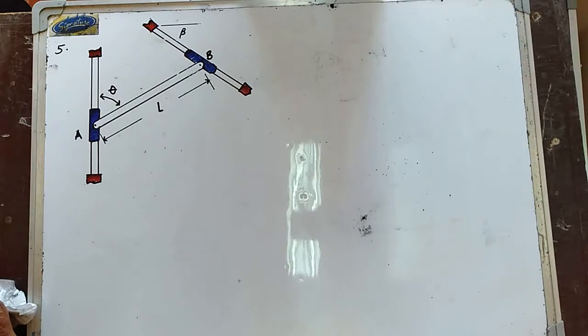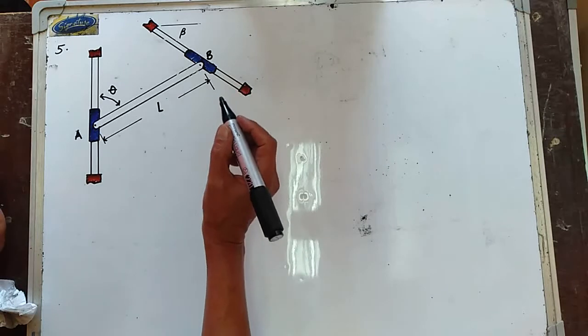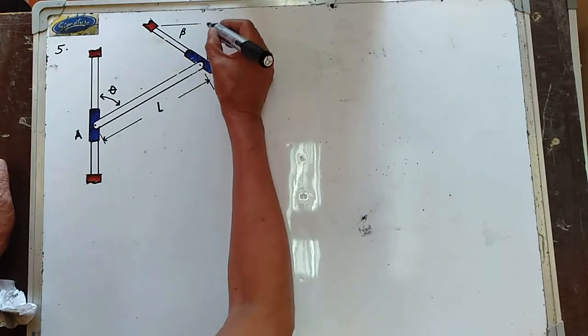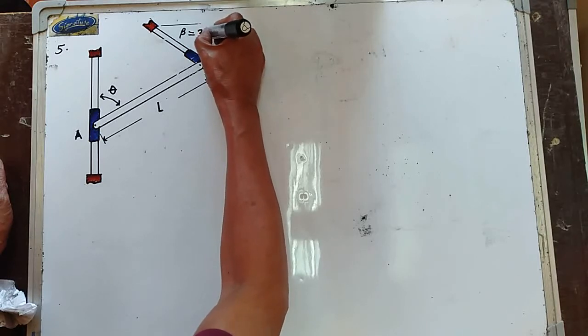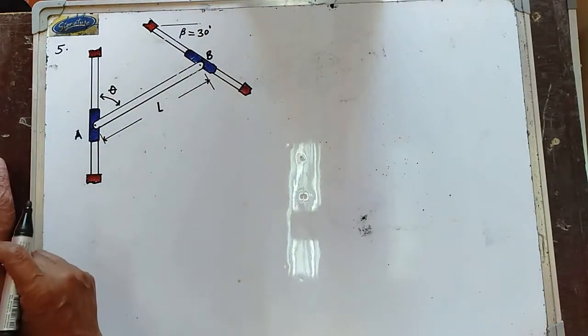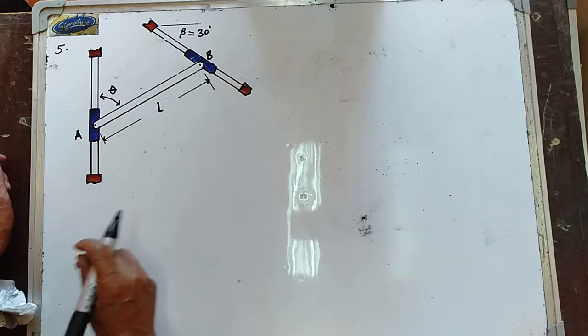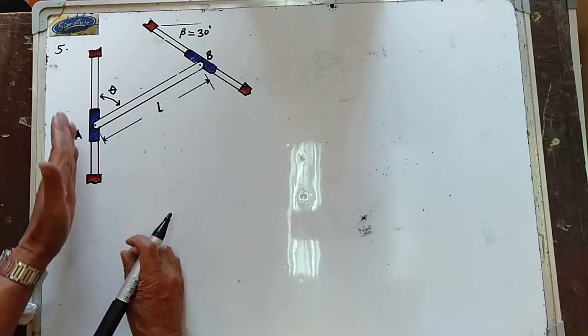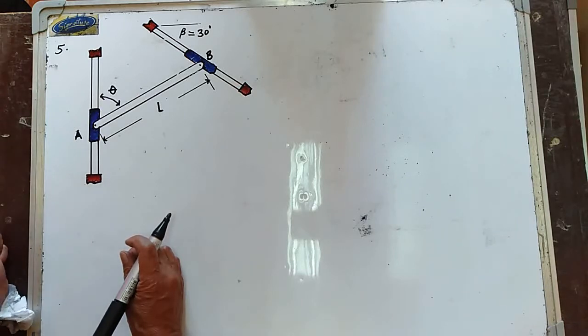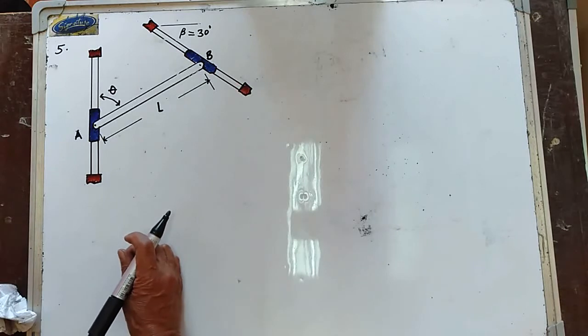Knowing that the rod is in equilibrium and that beta is equal to 30 degrees. Okay, so your beta in here is equal to 30 degrees. Determine (a) the angle theta that the rod forms with the vertical, and (b) the reactions at A and B.